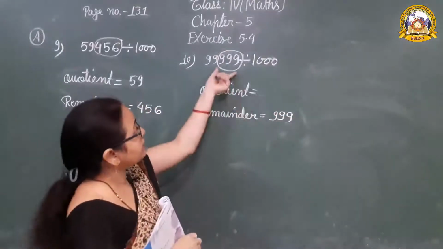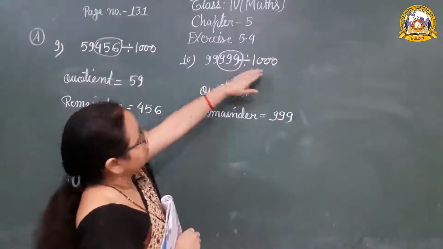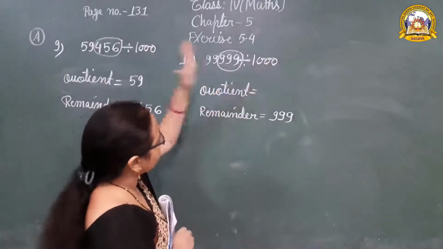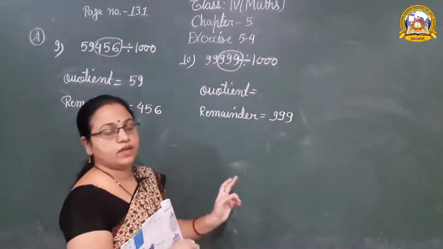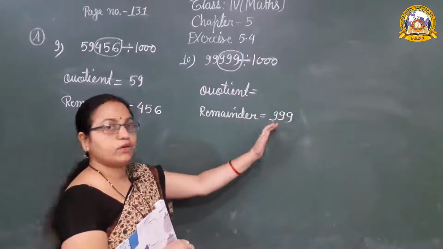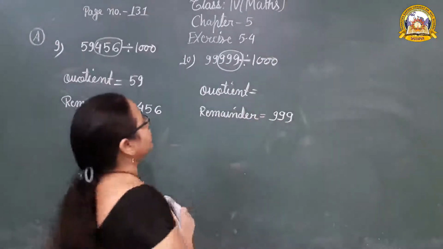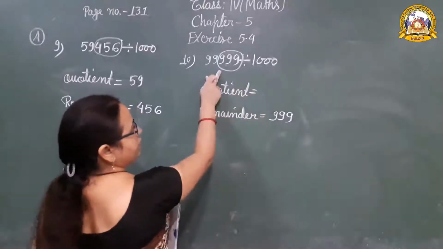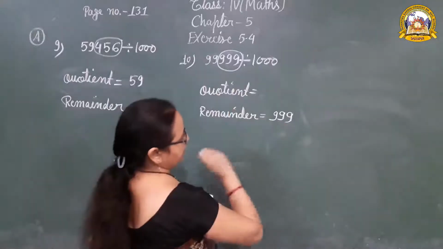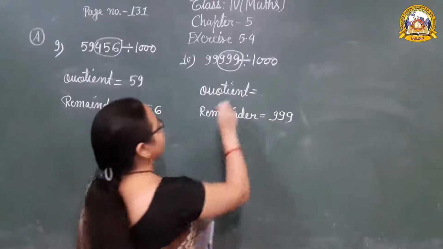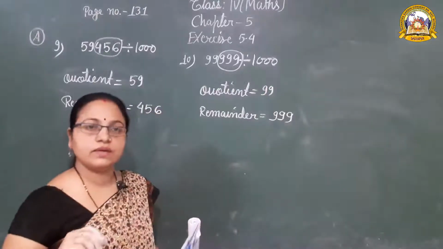Don't write this digit as a quotient by mistake. Keep in your mind that because there are 3 zeros, we take 3 digits from the ones place. It is a remainder. ये remainder में जाएगा, quotient में नहीं जाएगा. Okay, so keep in your mind, don't forget it. So 999 is the remainder, and the other remaining digits are the quotient.